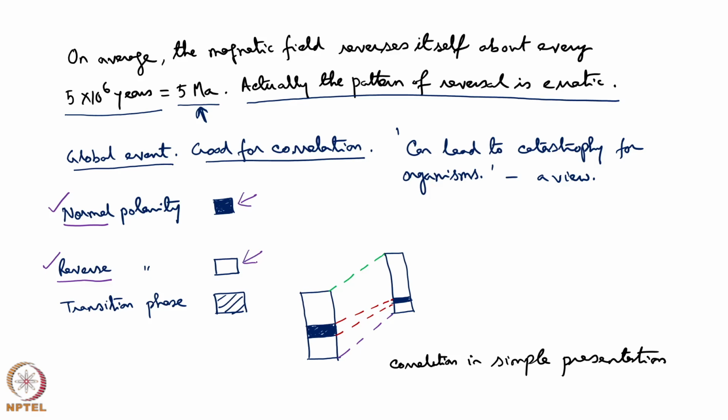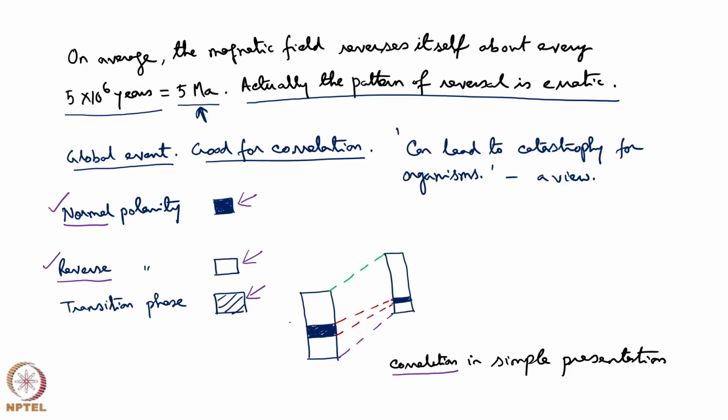Now, this transition from normal polarity to reverse polarity is not instantaneous. So, there can be a geological time period when the transition happens, and the transition phase is represented by this box. Now, we are going to see how the correlation will work. It is a simple way of presenting to the beginners.